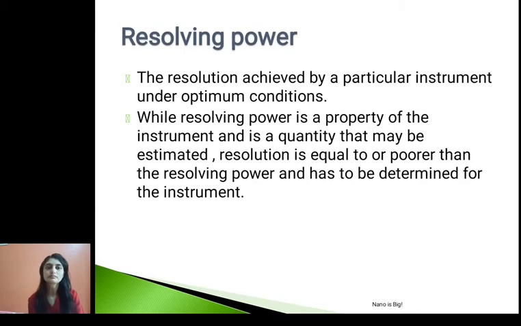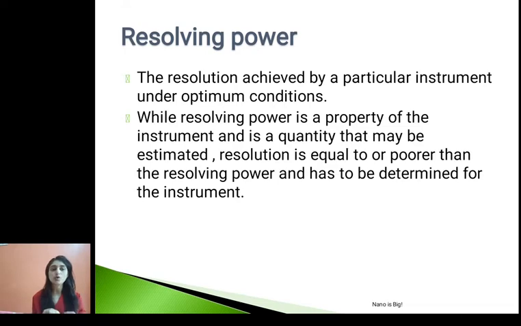Now this is a very important term. Whenever we are dealing with microscopy, you should know the term resolving power. One is resolution, the second is resolving power. Resolution is what is achieved by a particular instrument under optimum conditions, while resolving power is a property of the instrument and is a quantity that may be estimated.